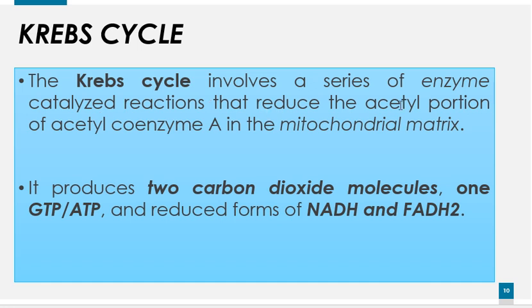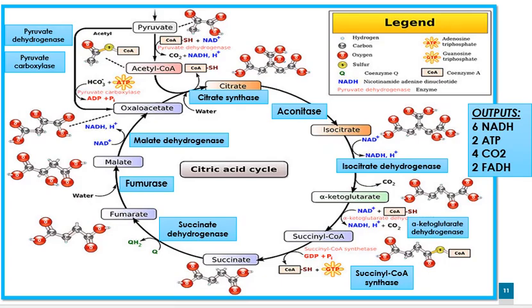So, it turns the acetyl portion into acetyl coenzyme A. So, it produces two carbon dioxide molecules, one GTP or ATP, and then reduced forms of NADH and FADH2.